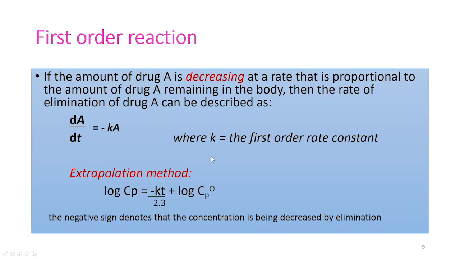With the extrapolation method, we will get this formula here: log Cp equals negative Kt over 2.3 plus log Cp0. The negative sign denotes that the concentration is being decreased by elimination. When we go to the computation of problems, then I will explain this formula, what each term stands for.